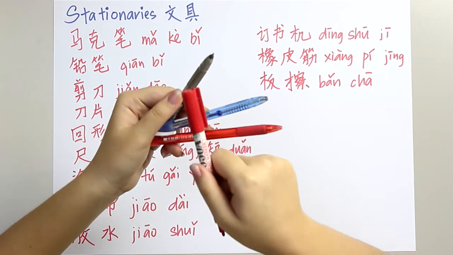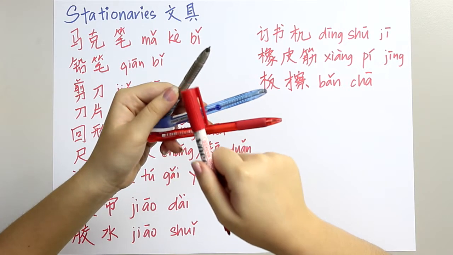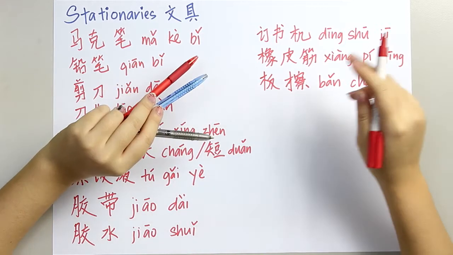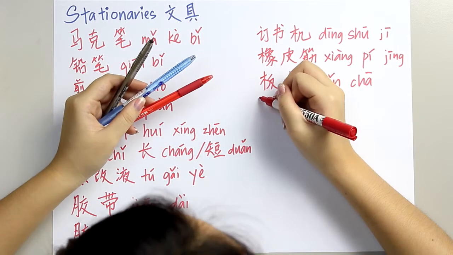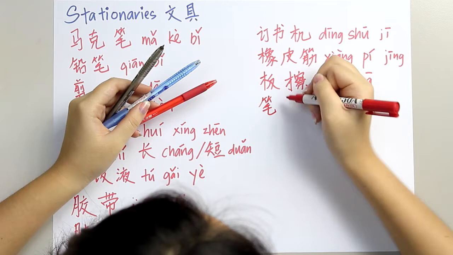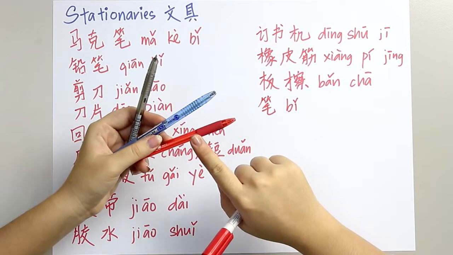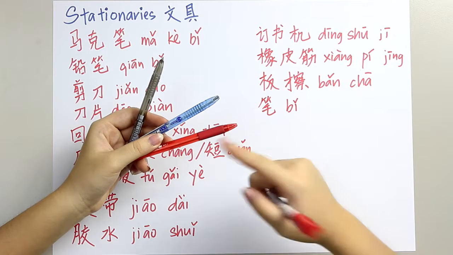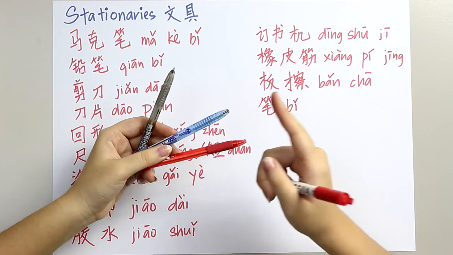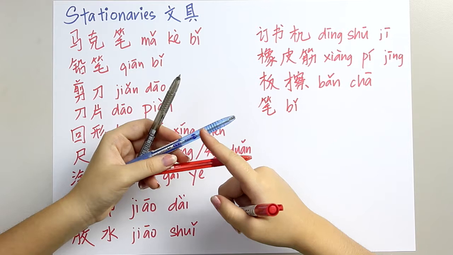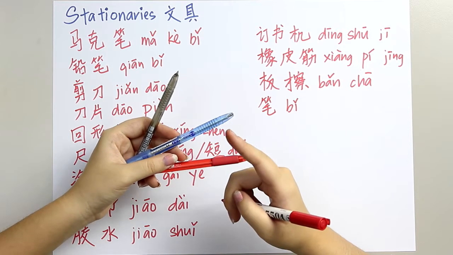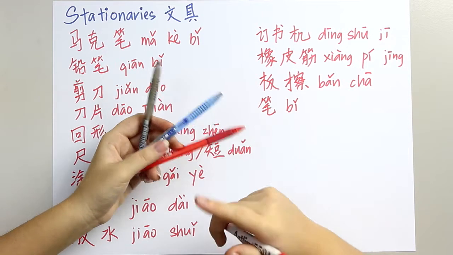Whereas the third one is black color, so we can call it 黑色. For pens, we call it 笔. So if it's red color, we call it 红笔. Blue color, we call it 蓝笔. So what if black color? We call it 黑笔. That's right.